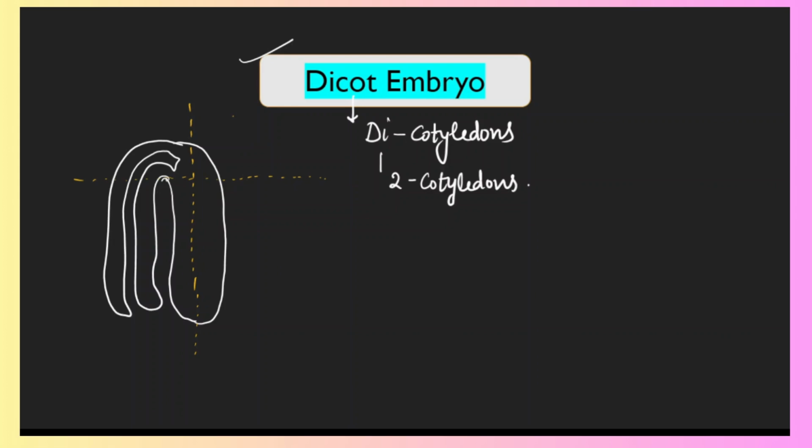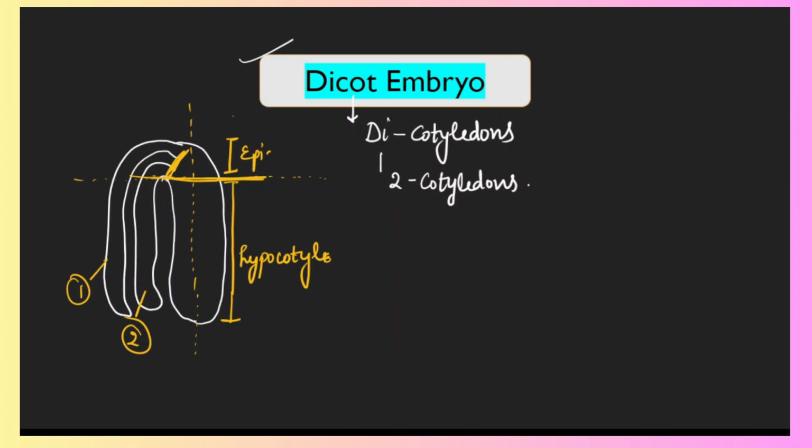If this is one cotyledon and this is the second cotyledon, and from here they originate, then the portion of the embryonal axis below the level of the cotyledons is called the hypocotyl, and the portion above the level of the cotyledons is called the epicotyl.